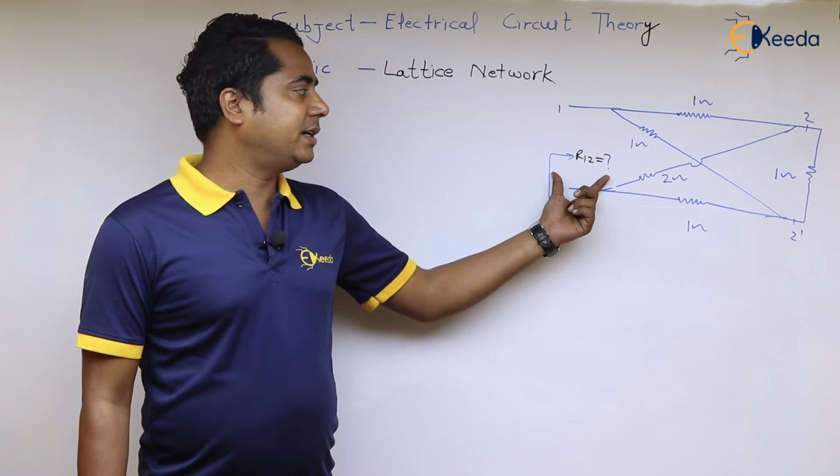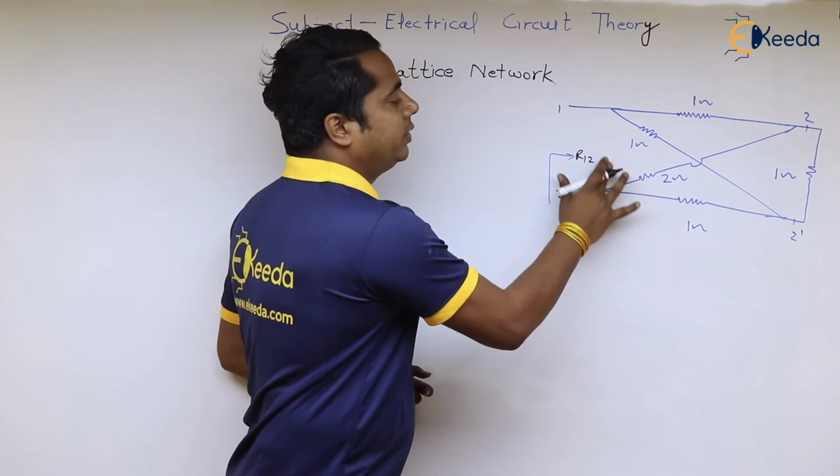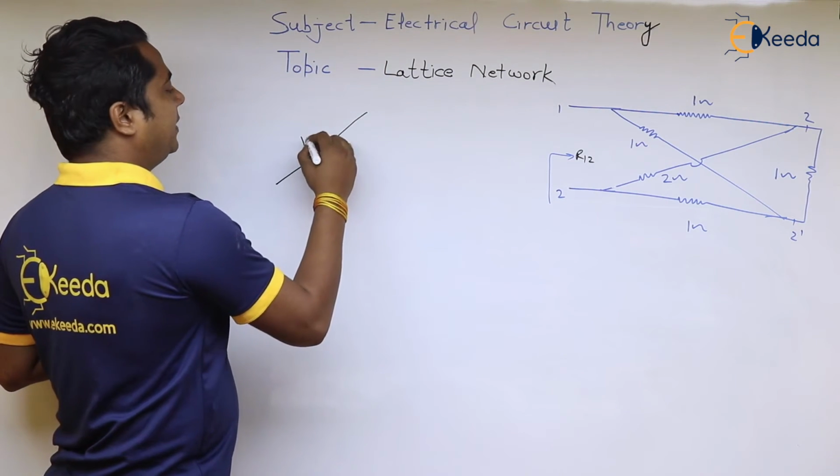Here is the second question we are going to solve. Again, we have to find out the value of R12. Let's stretch this circuit. 1 and 2 are connected with 1 ohm.